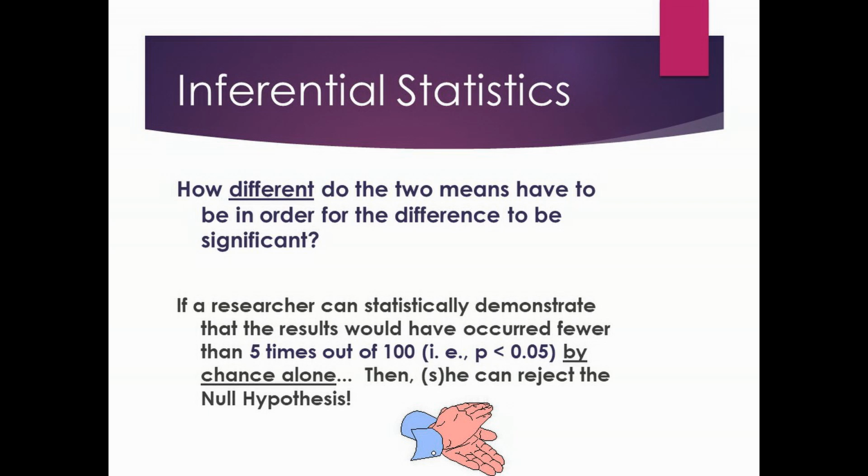Or the means for the two groups were so different that they were unlikely to be due to chance, and if you were to actually conduct the experiment multiple times, fewer than 5 times out of 100, you would have gotten these results. But you don't have to conduct the experiment over and over and over. Instead, you can use inferential statistics, and they let you know how often out of 100 times you would have gotten these results.